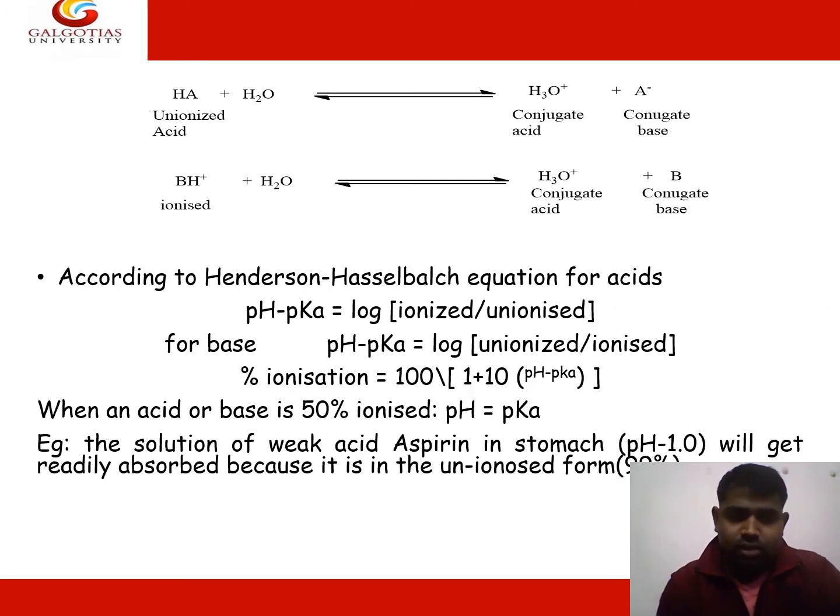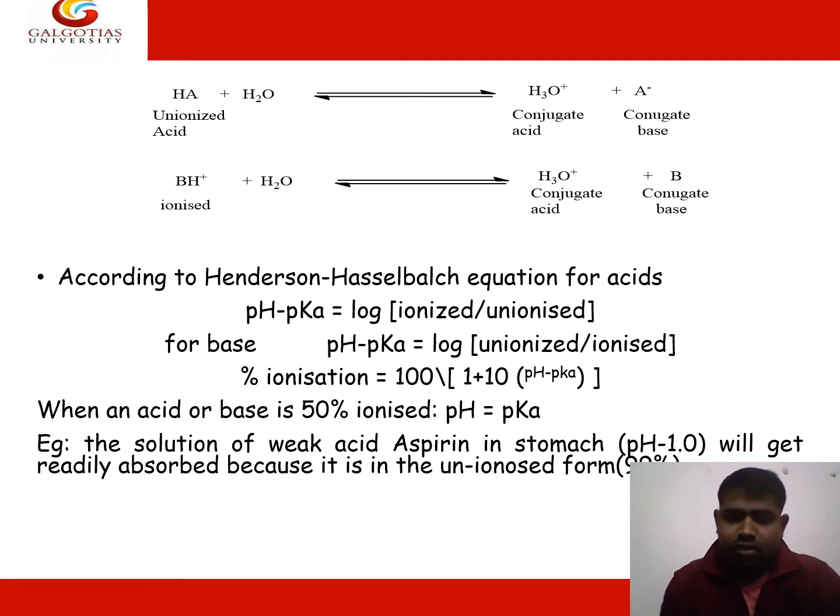So we can summarize this ionization process into two categories. Those drugs that already have an ionized state, when they come in contact with aqueous solution or our body's solution, form a conjugated acid or conjugated base.